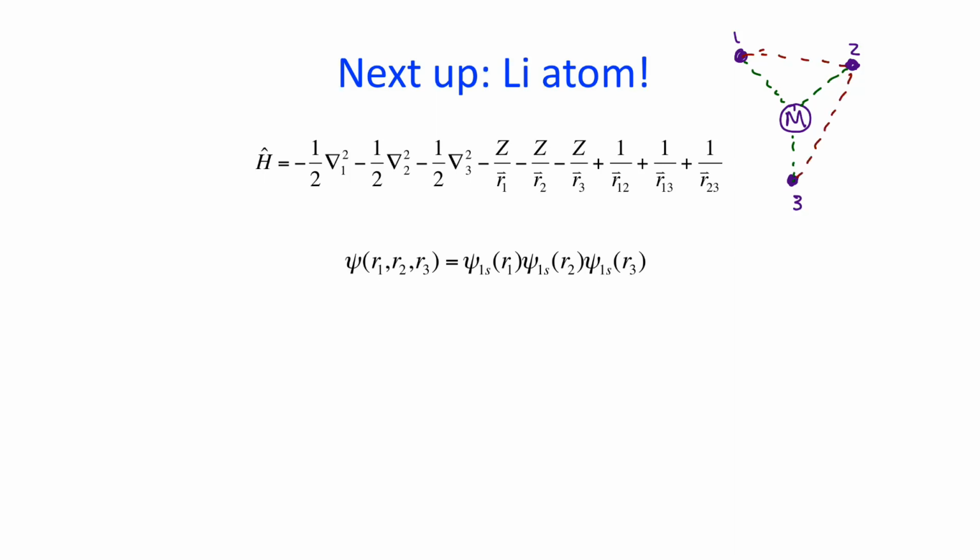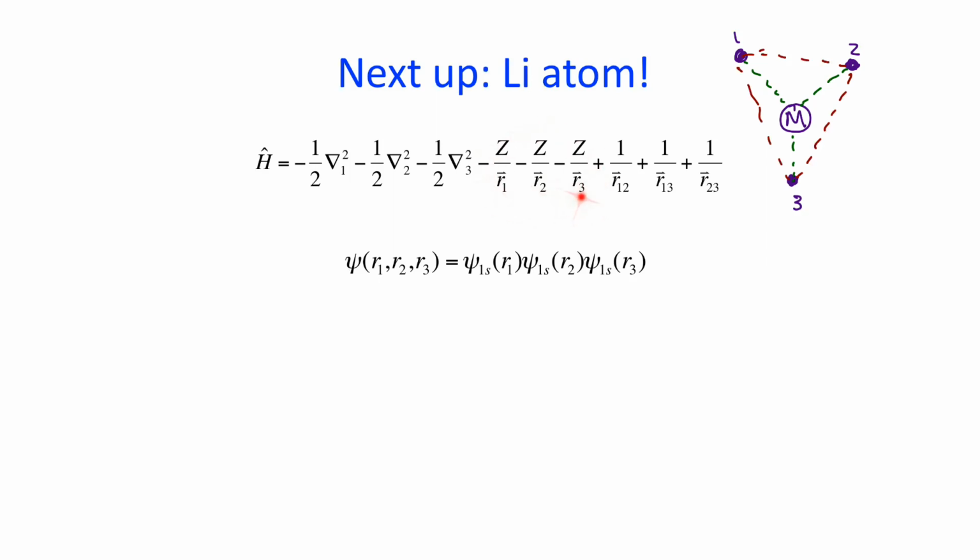Okay, so we're going to have all of those interactions to describe with our Hamiltonian. So we have our kinetic energy terms, with our Laplacian operators corresponding to each of our electrons. And then we have the interaction between our nucleus and our electrons.